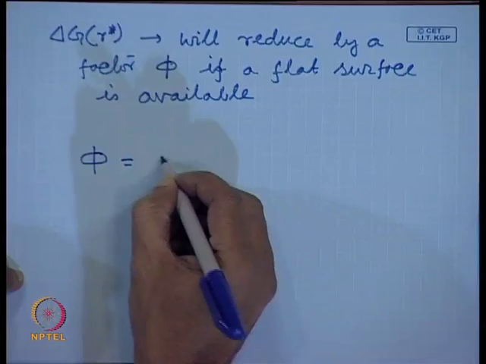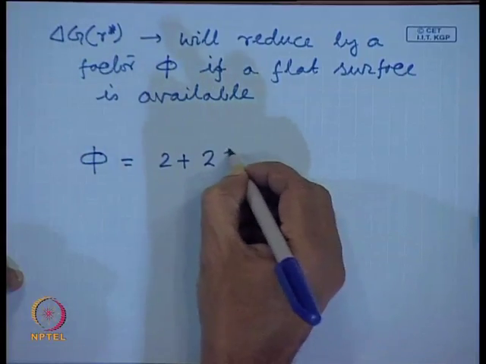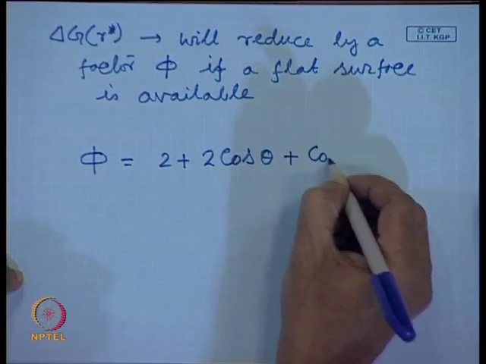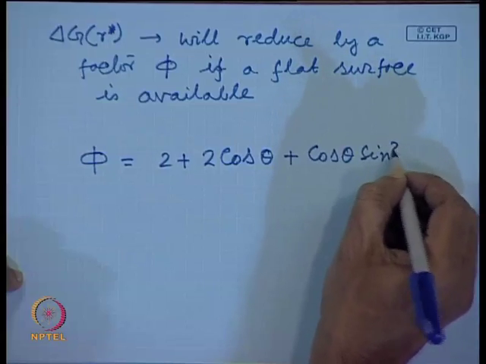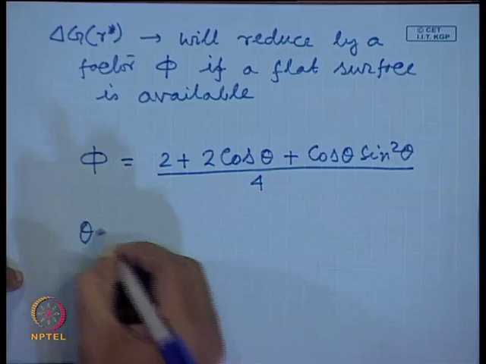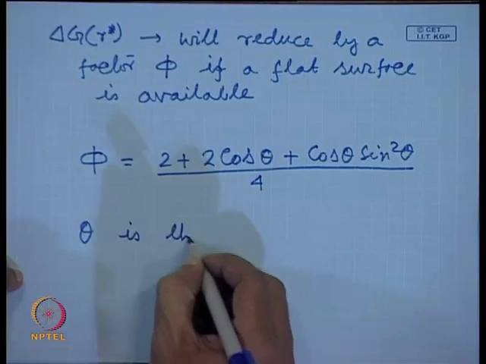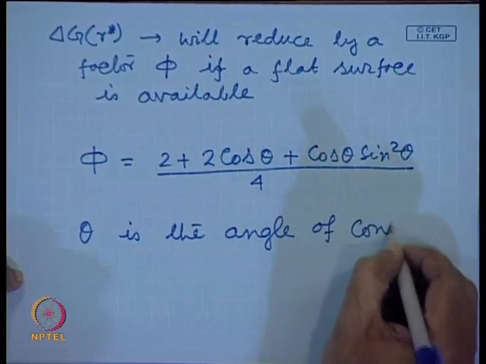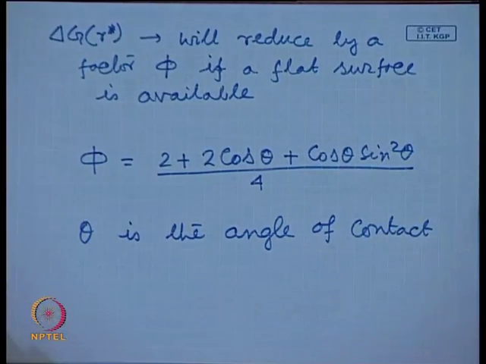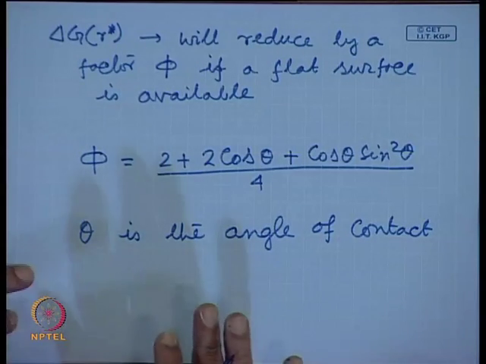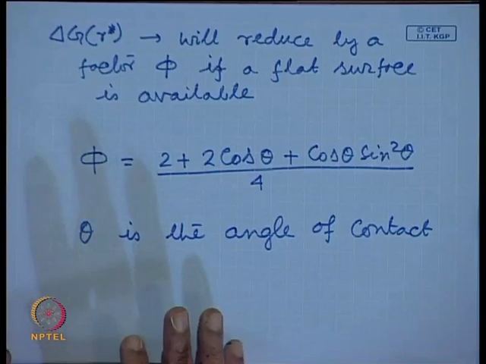This phi is given by 2 plus 2 cos theta plus cos theta sin square theta, divided by 4, where theta is the angle of contact where the vaporization is taking place.